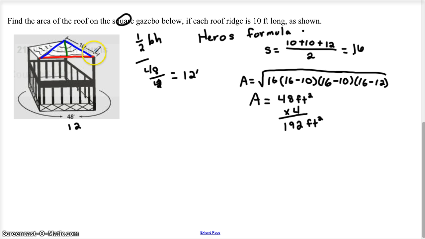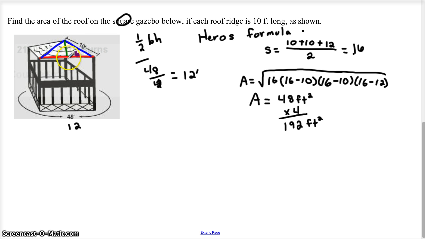If you remember about isosceles and equilateral triangles, if you draw in the altitude to the base, where the base is the side that has a different length than these two, it cuts this side in half. So I can label that side 6, because the whole thing is 12 and that's half of it.